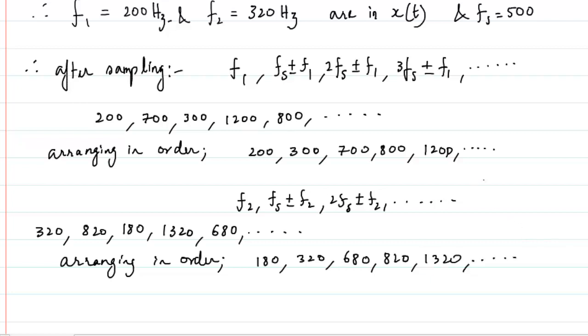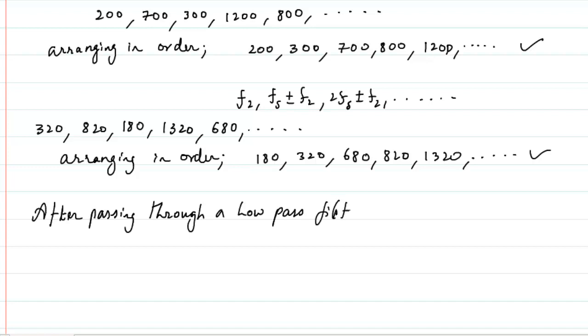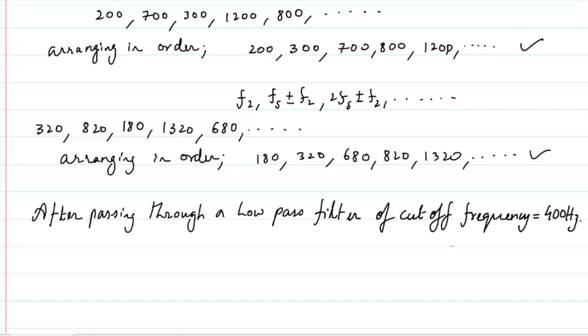Like that I will have many values. Now I have to look at these two, and then I will say, after passing through a low pass filter with 400 hertz cutoff frequency, I will take whatever is less than 400 hertz.